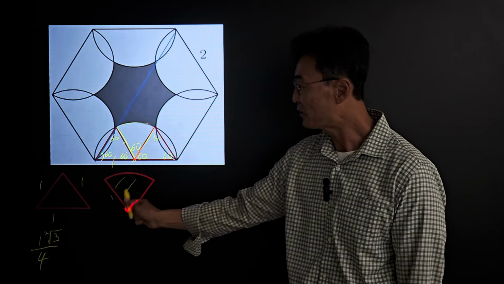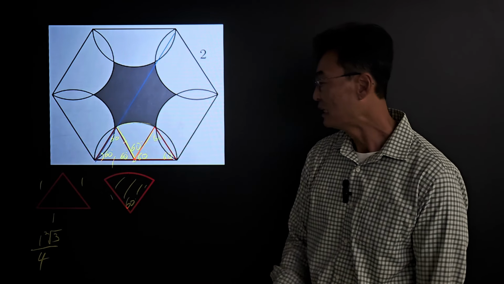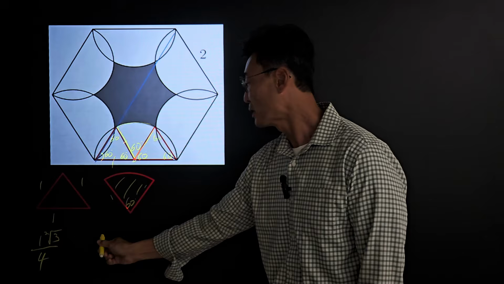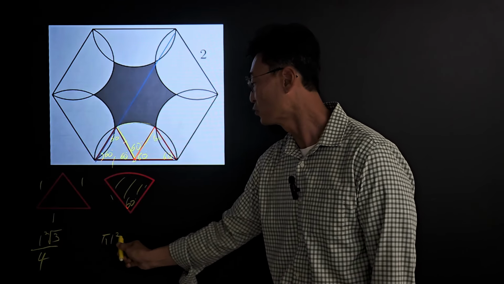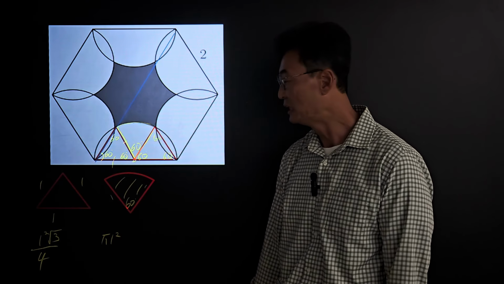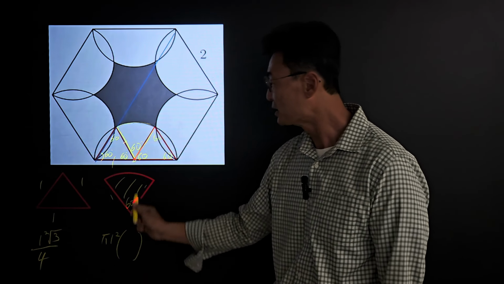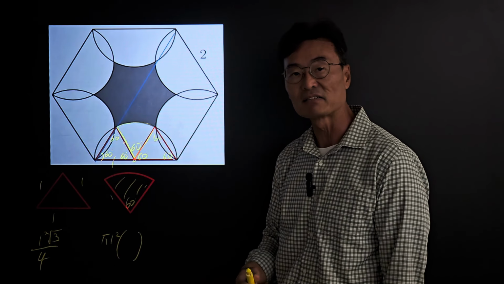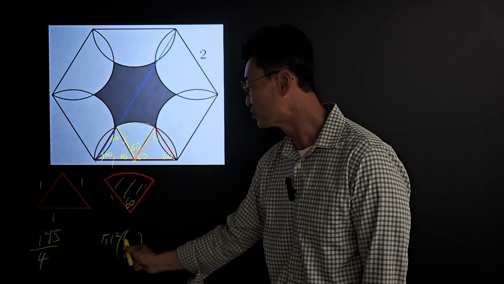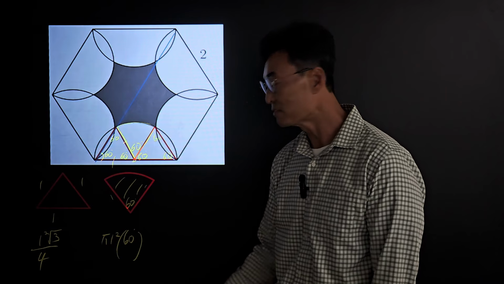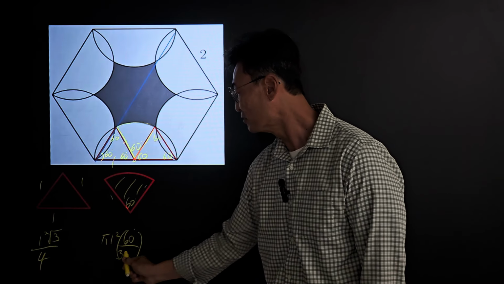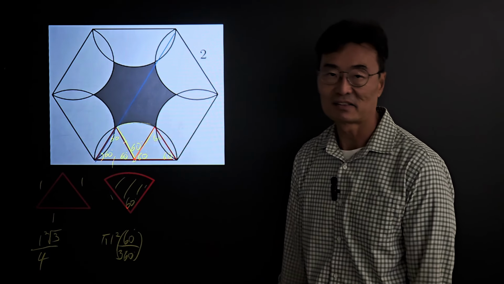To find the area of the sector, the formula is pi r squared, meaning you take the area of the circle, and then you multiply by the fraction the sector takes up within the circle, which happens to be 60 degrees out of 360.